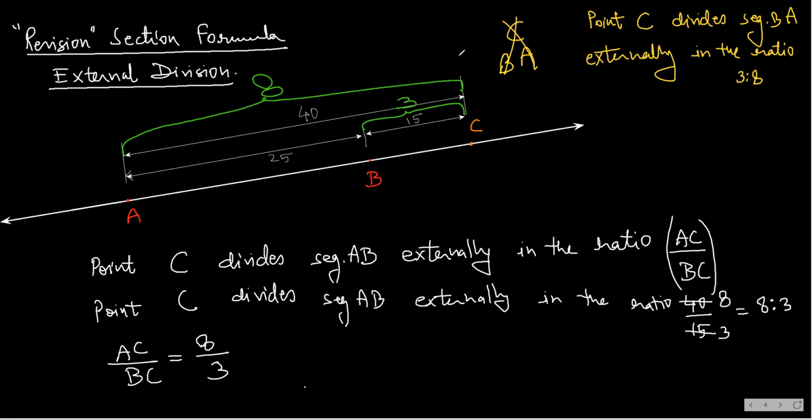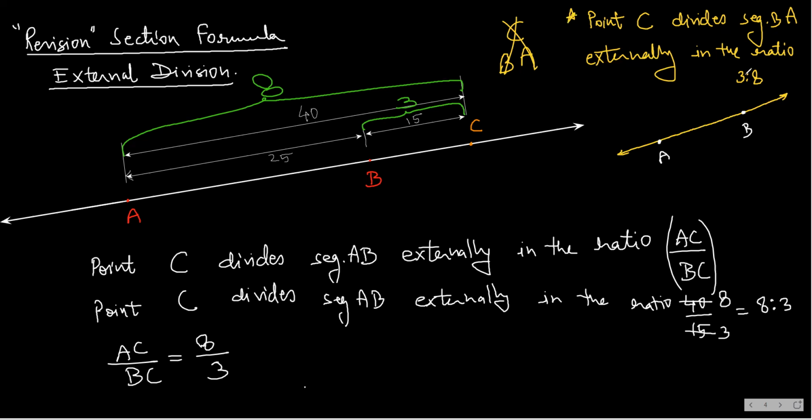Now start working on this diagram. Once again, suppose I had the statement this way, point C divides segment BA externally in the ratio 3:8. So you have a segment, and you can have A or B here, whichever way you want. If you're taking A here, then definitely you'll take B here. You are saying that C is dividing segment BA in the ratio 3:8.